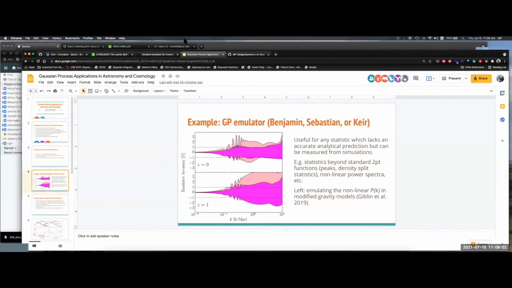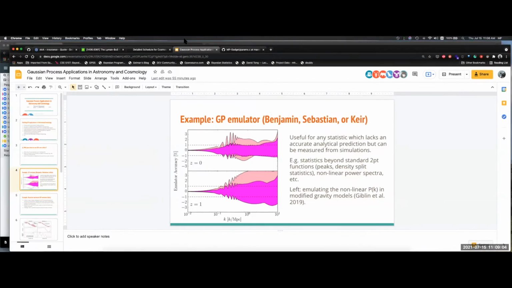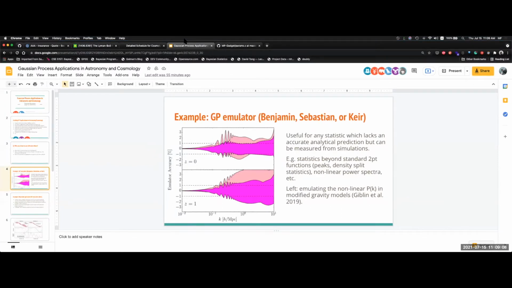Oh, sorry. Yes, I added this slide, didn't I? Just as a general thing to say about Gaussian process emulators, they're useful for any statistic for which you don't have an accurate analytical prediction. Sometimes you have an analytical prediction, but it's not that accurate.